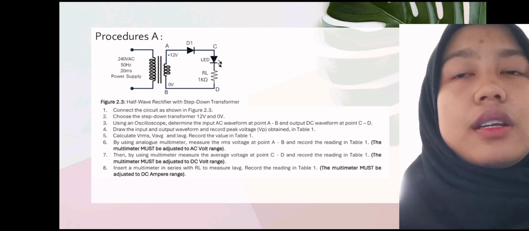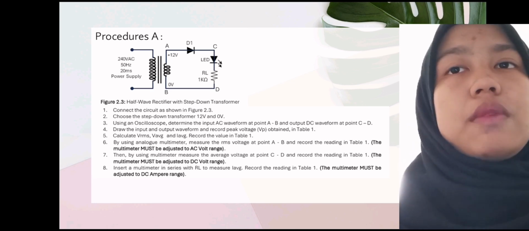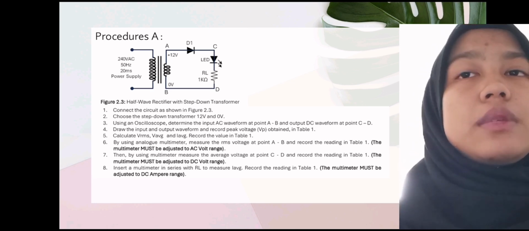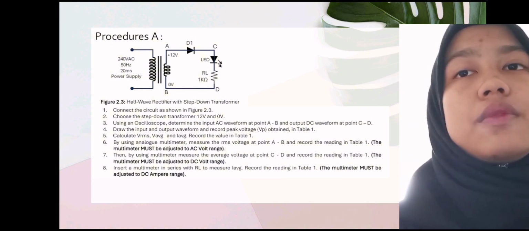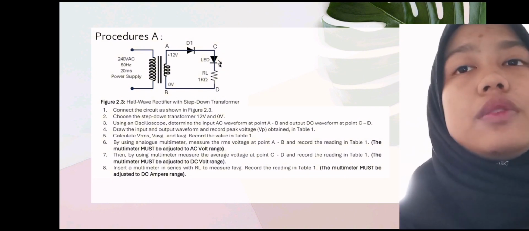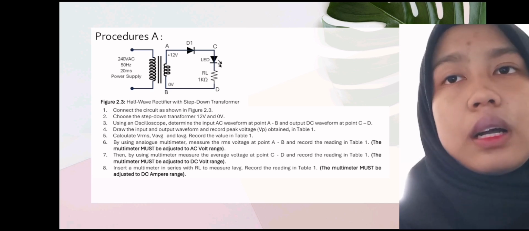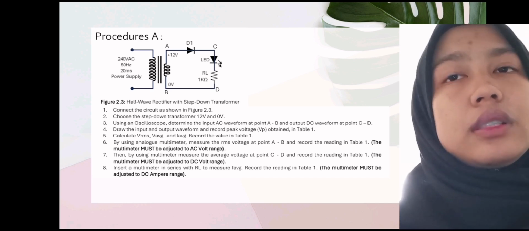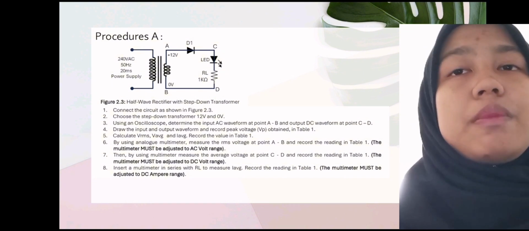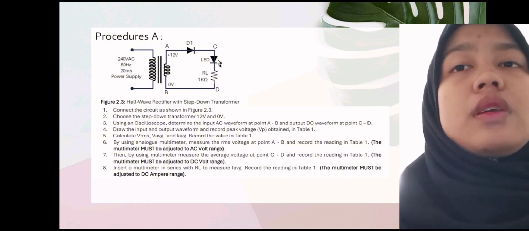So my name is Era Natasha. Today I want to explain about figure A. Here we can see the figure 3.2 that has a half-wave rectifier with a step-down transformer.